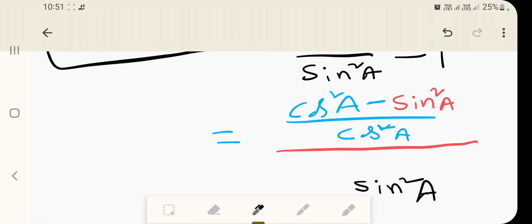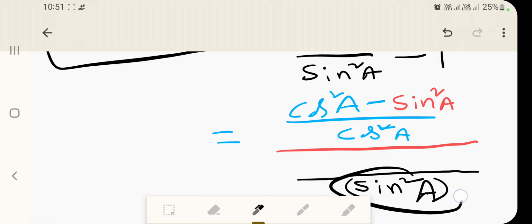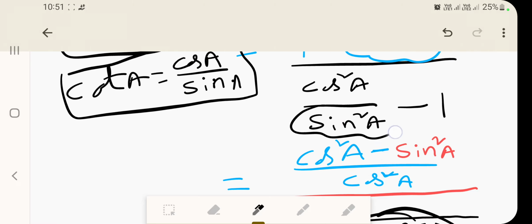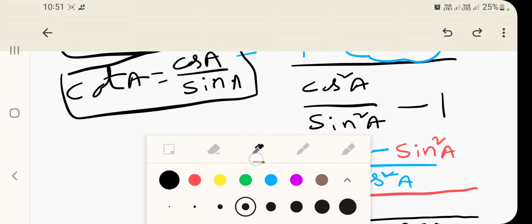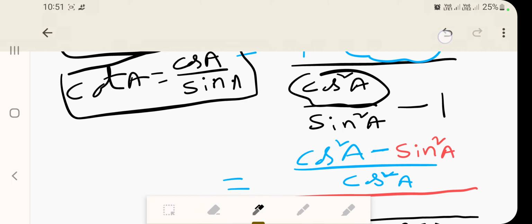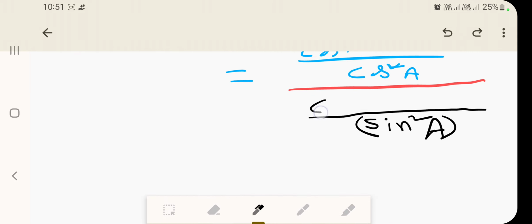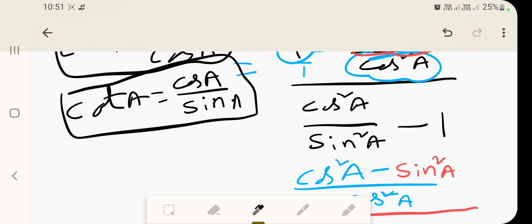So sin square A is the LCM, and we have to remember that sin square A divided by this sin square A is 1. That 1 into this cos square A, we get cos square A. And here we have minus 1.